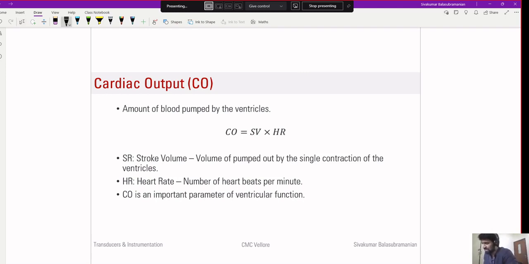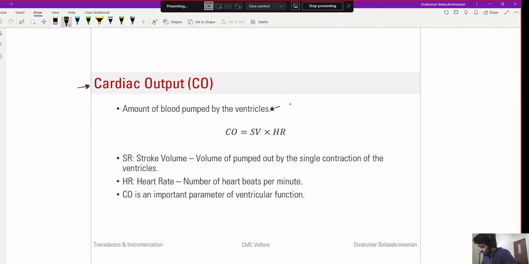One of the parameters that is of vital importance is the cardiac output. Cardiac output is simply defined as the amount of blood pumped by the ventricles of the heart.